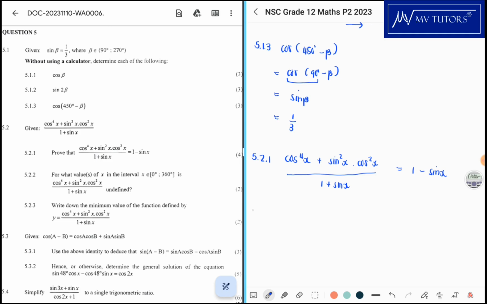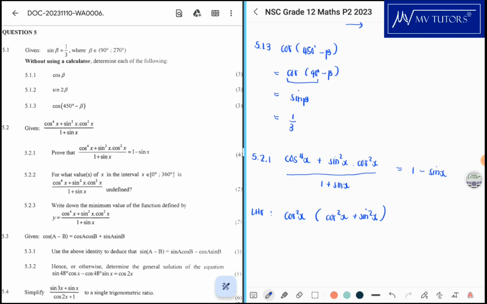Alright, so I'm dealing with the left hand side. And cos to the power 4 x, whew, that is a loaded one. So what I'm going to do rather is take out a common factor, which is cos squared x. So cos squared x, and then I'm left with cos squared x plus sine squared x.